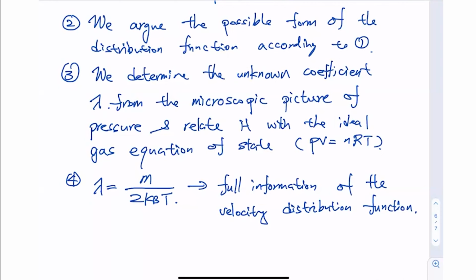Okay, so that's basically the steps that we have went through. So this is to some extent a simple example to demonstrate the idea.